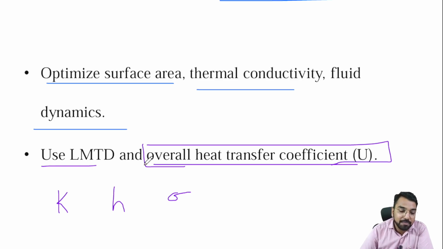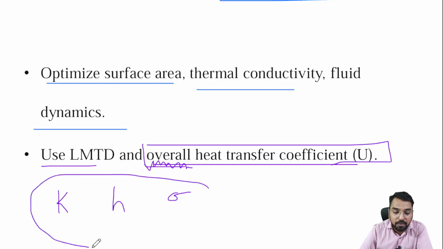As the name suggests, the overall heat transfer coefficient means taking these three modes and these three parameters into consideration, calculated for analysis of the system in the real world.